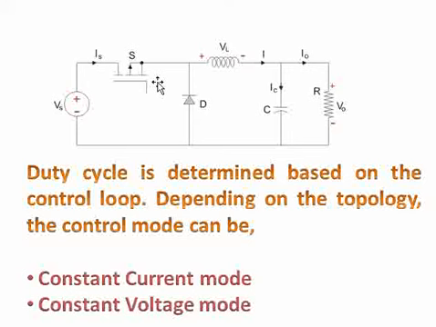One is called constant current mode, and another is called constant voltage mode. When you look at any data sheet and see constant voltage mode or constant current mode, this has something to do with the control section present within the regulator. Now let us talk about what constant current mode and constant voltage mode are.